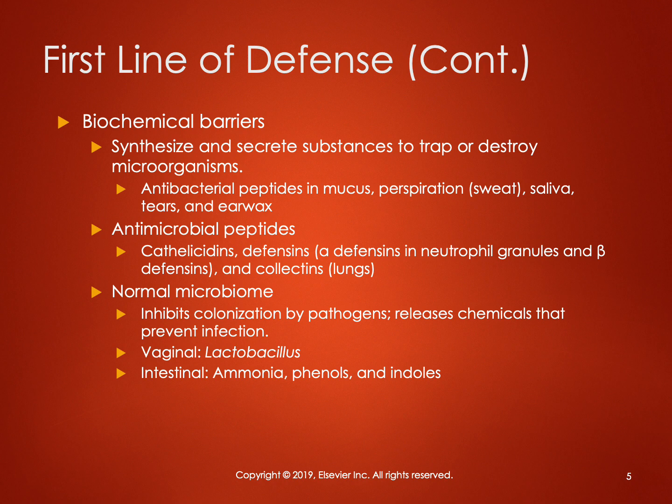There are 4 that are predominant, but there are about 22 different species. This lactobacillus produces hydrogen peroxide, lactic acid, and bacteriocins. The production of these chemicals helps to prevent infection.